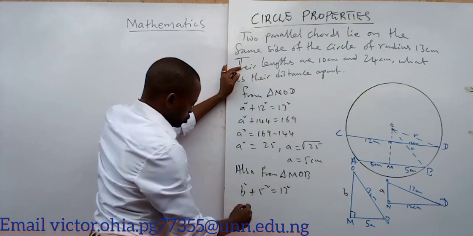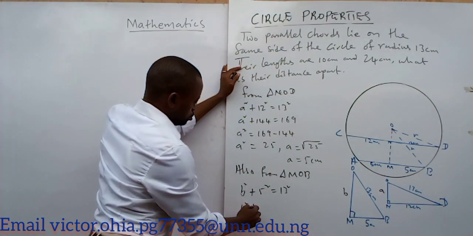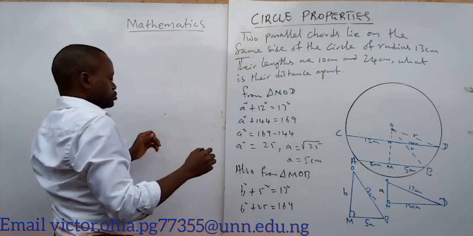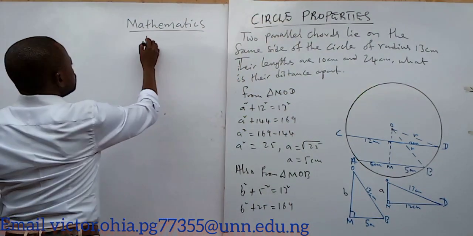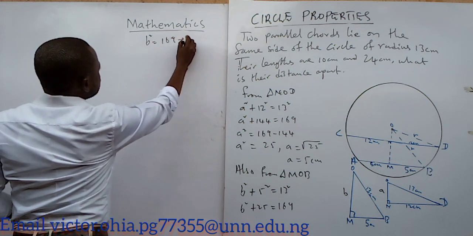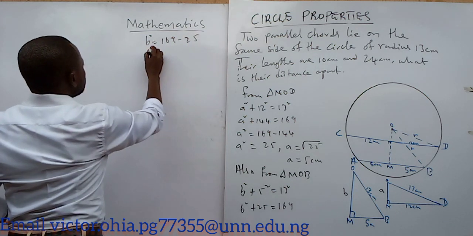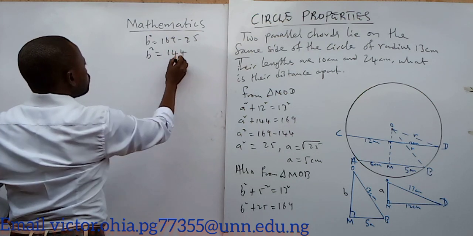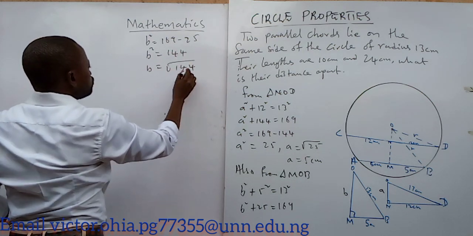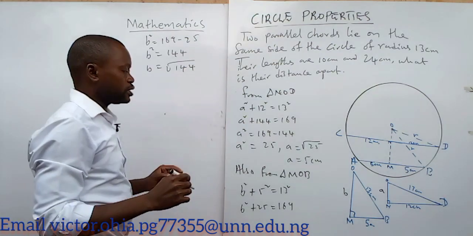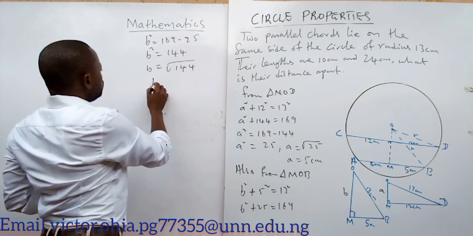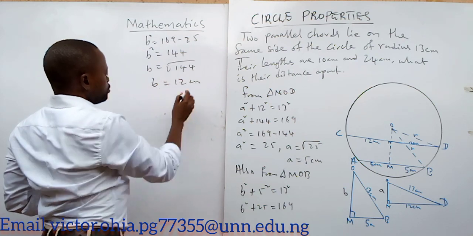Okay, so we have B squared plus 25 is equals to 169. B squared is equals to 169 minus 25. So B squared is equals to 144. So B is equals to square root of 144. If we take the square root of both sides, we are going to have B to be equals to 12 cm.